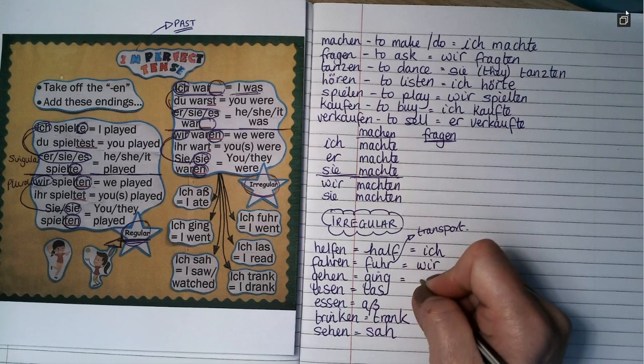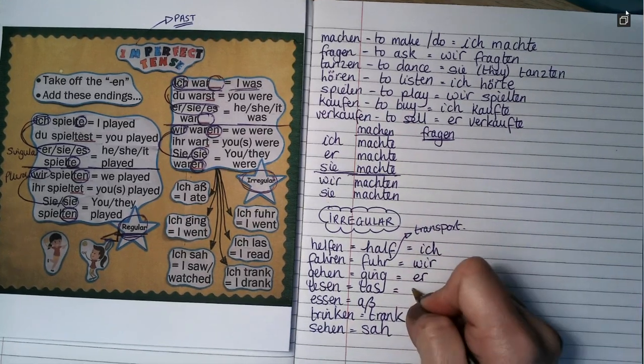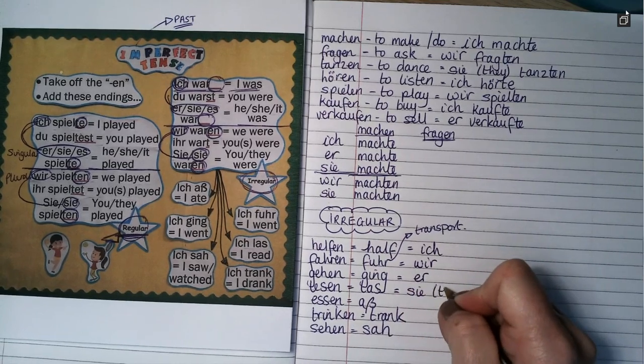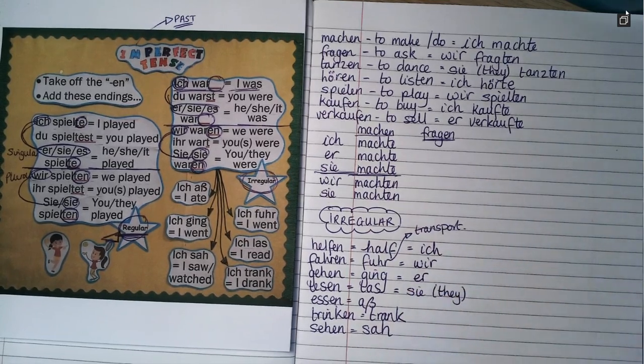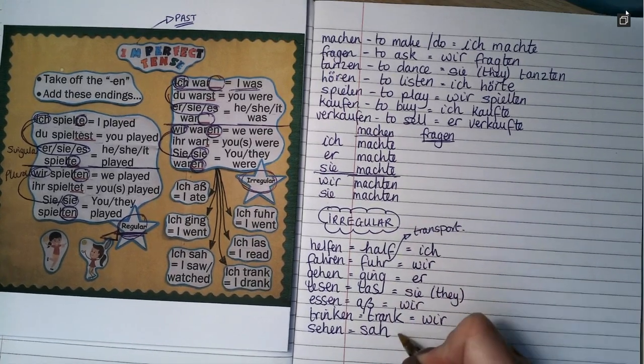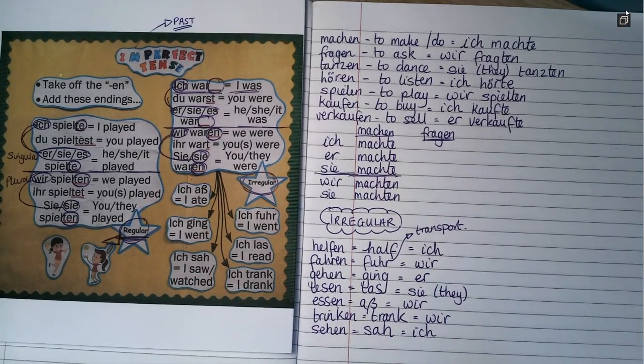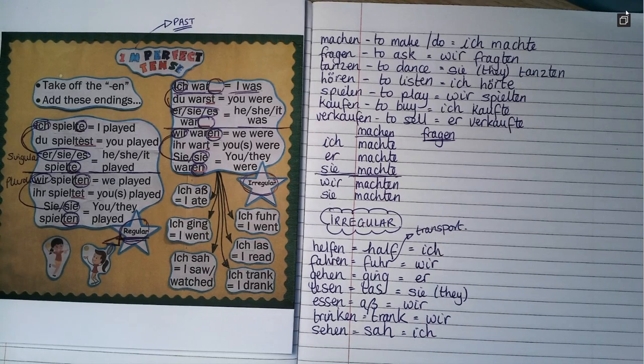So let's imagine that he went, so then they read, okay, so sie, but the one meaning they. Then I would like we ate, please, and I would like we drank, but I will have I watched. Okay, pause the video, make sure that you know how that works, and then press play when you are ready to go.